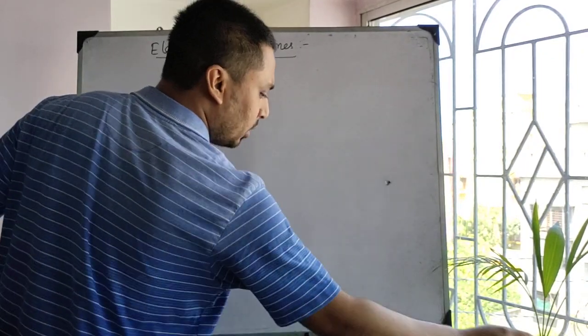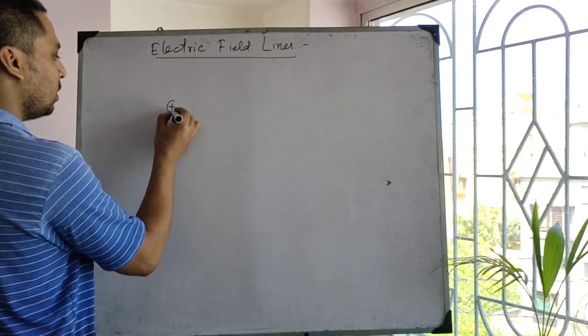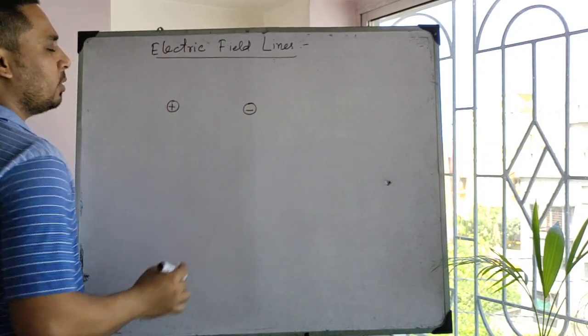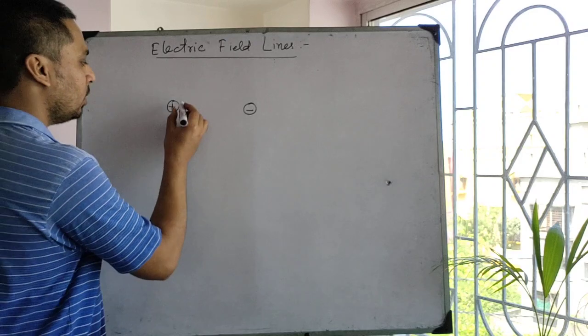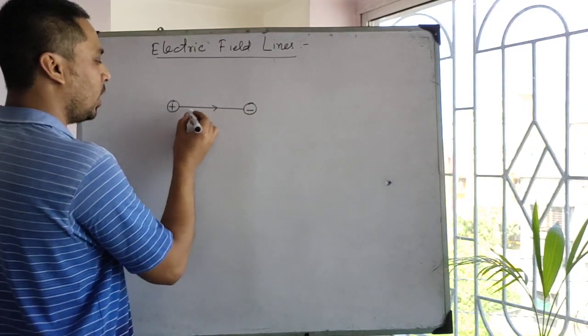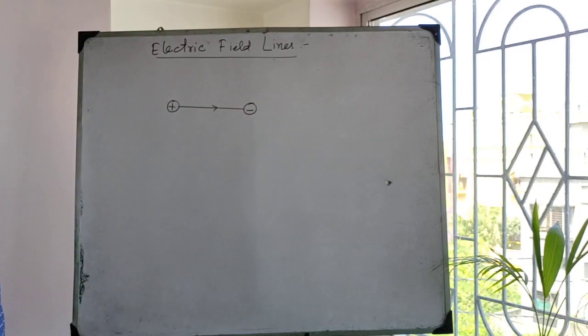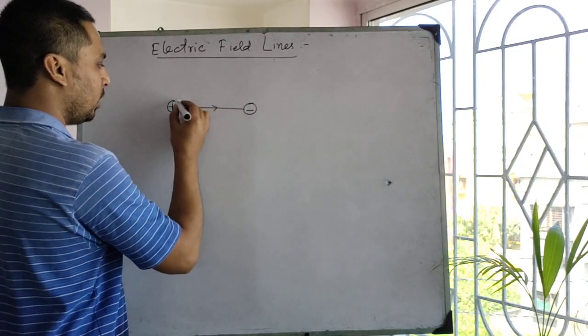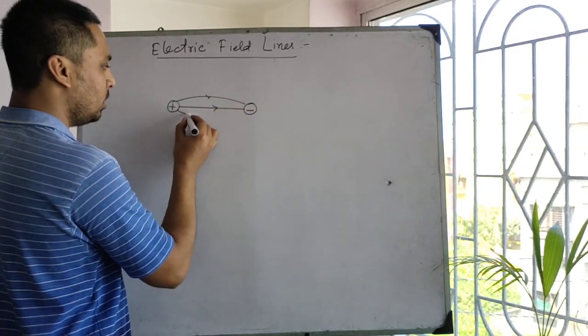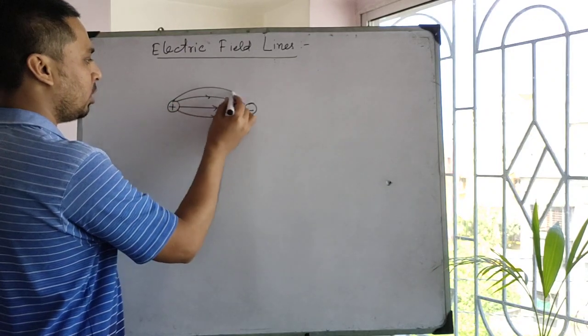Suppose we have a positive charge and a negative charge separated by a distance. Then electric field lines will start from the positive charge and terminate on the negative charge. Some of the electric field lines will start from the positive charge and terminate on the negative charge.